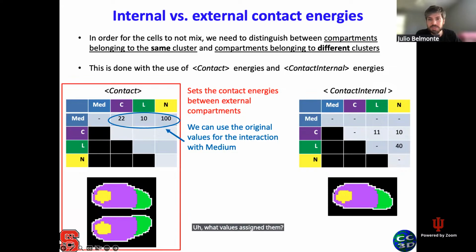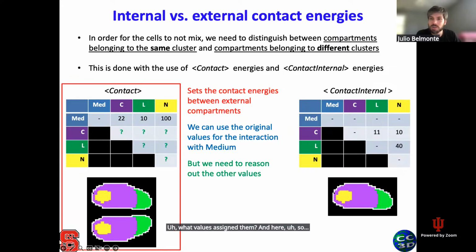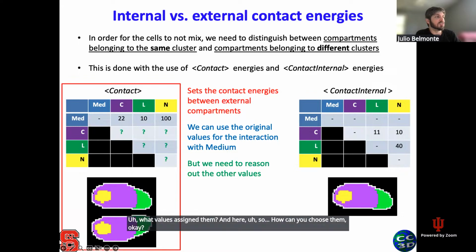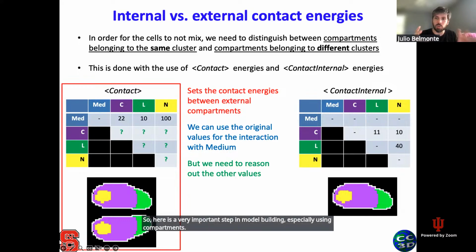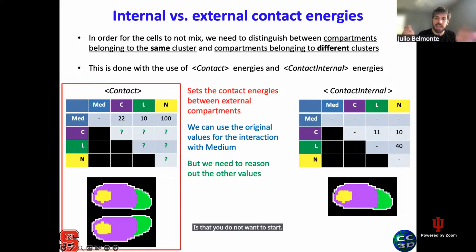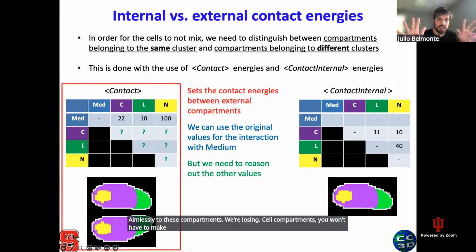We have to decide what values to assign them. So how can you choose them? Okay. Here is a very important step in model building, especially using compartments: you do not want to start just adding numbers aimlessly to these compartments. When using cell compartments, you want to reason out what those values should be before you assign them.